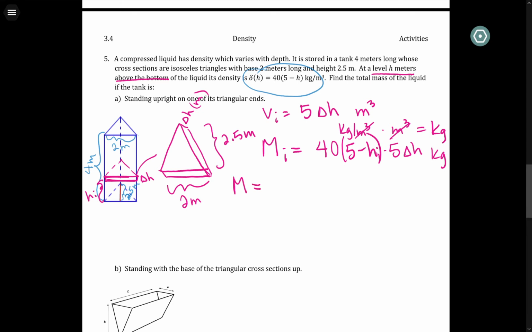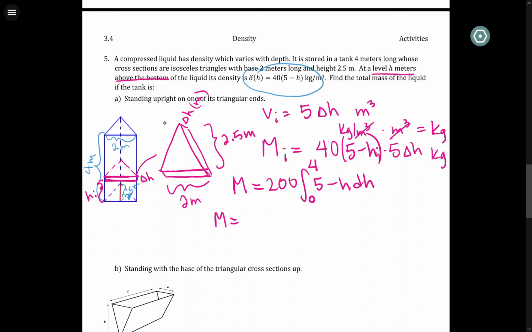So we're going to want to add up the masses. Let's do this first. We're going to have a 200, the 40 times 5. I'm going to move that out in front. And then we're going to have the integral of 5 minus h dh. And we're going to start at 0. This h is the depth, so we're going to start at the bottom of the tank. And we're going to stop at the top of the tank. The tank is 4 meters long, so that'll be 0 to 4.